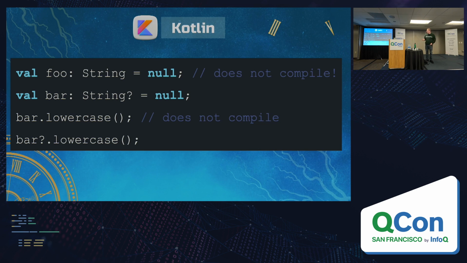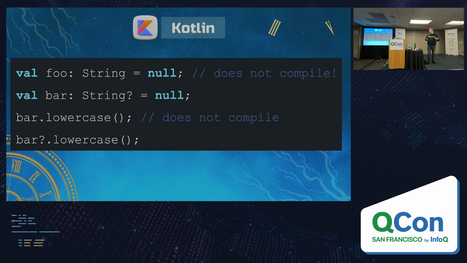If you know that you need it to accept null, then you can put this special question mark operator on the type definition, and that allows you to assign a null to it. But now, once you've done that, you can no longer call the normal string methods directly on that object. The compiler will fail right there. And instead, the compiler will enforce that you've either done an if-else and handled the null case, or you can use these special question mark operators to say that you're willing to just tolerate passing the null along.